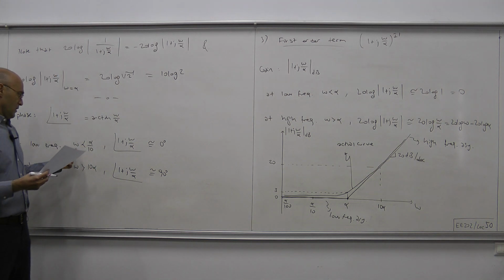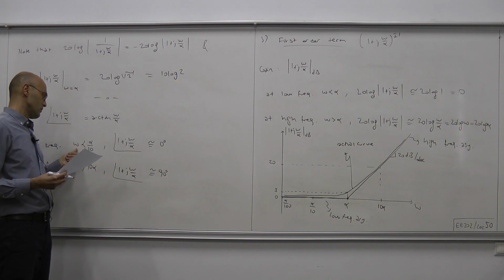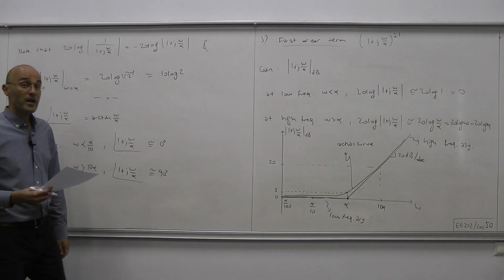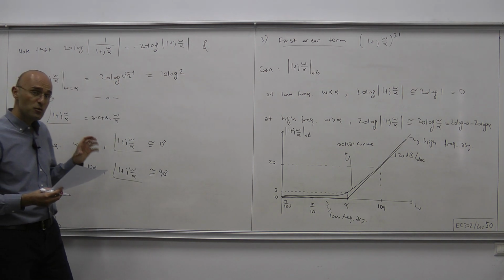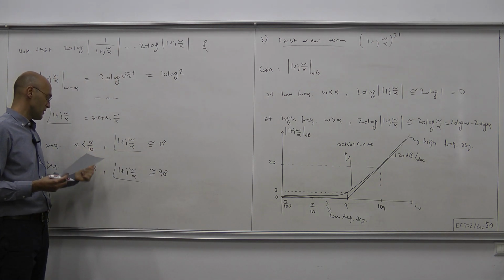Now, we considered the ranges omega less than alpha over 10, and omega greater than 10 alpha. There's a range we still didn't touch, that is omega between alpha over 10 and 10 alpha.